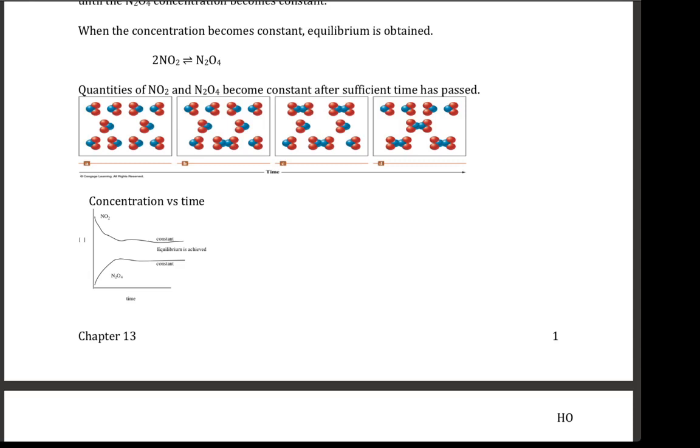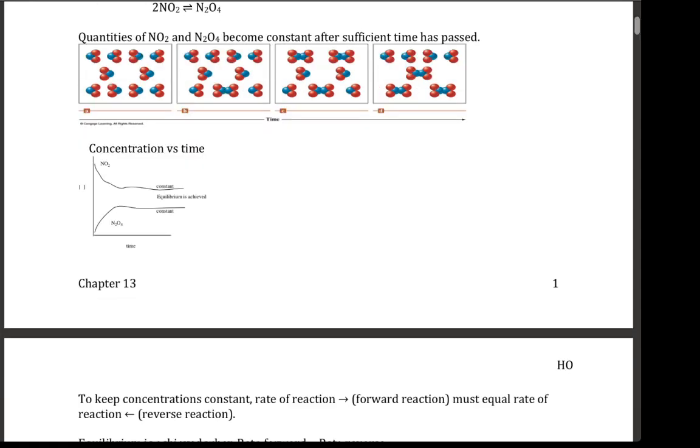Notice the amount of NO2 is not equal to the amount of N2O4, but the amount of NO2 is constant, the amount of N2O4 is constant. Equilibrium is achieved as soon as that constant amount is present.